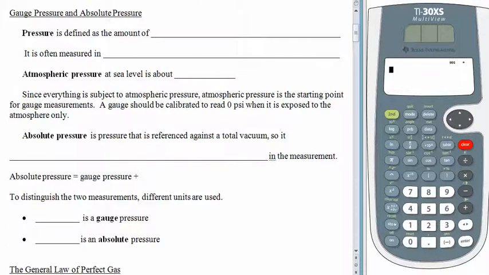Okay, the first thing we need is the difference between gauge pressure and absolute pressure. Pressure is defined as an amount of force per unit area. So if you're working with things like pounds, we often measure pressure in pounds per square inch.